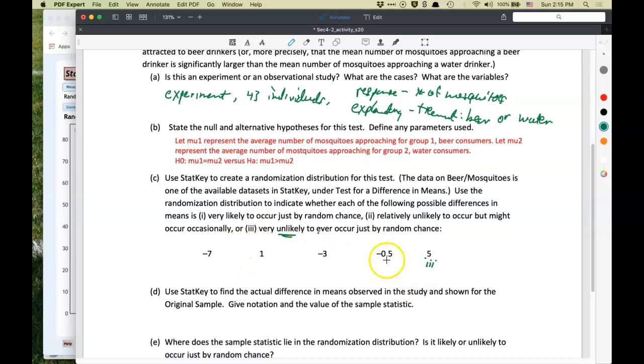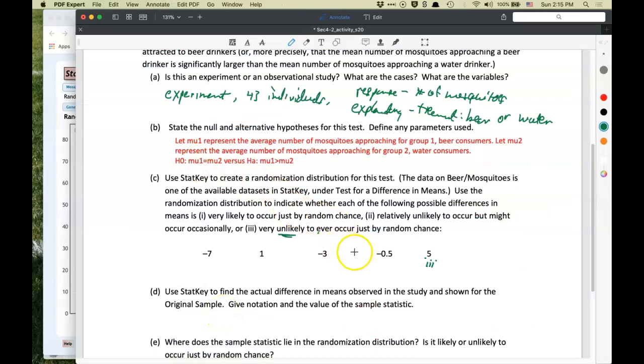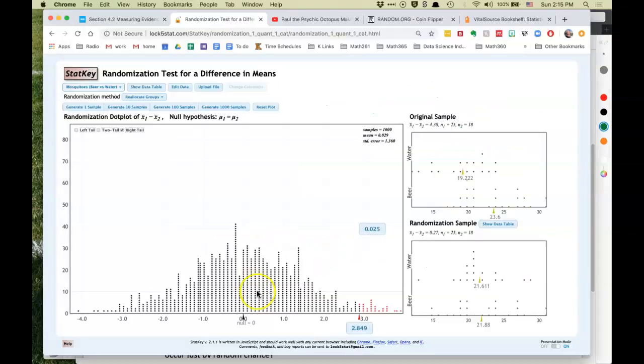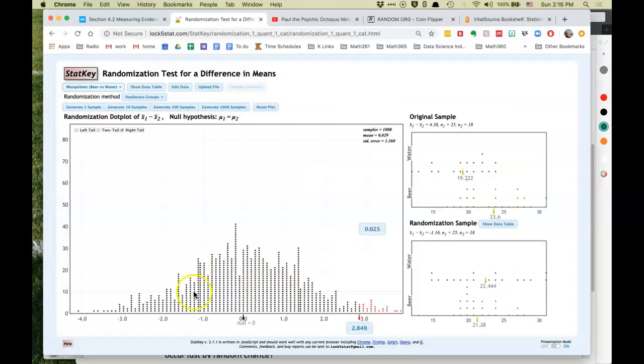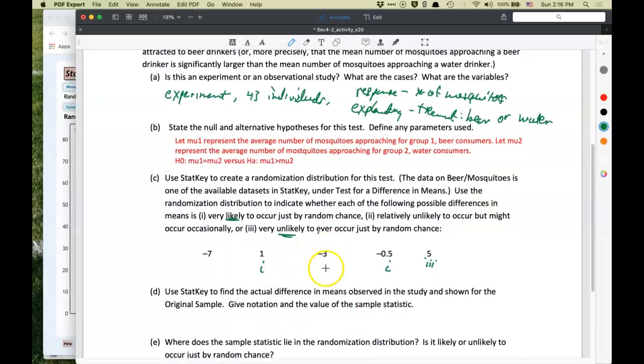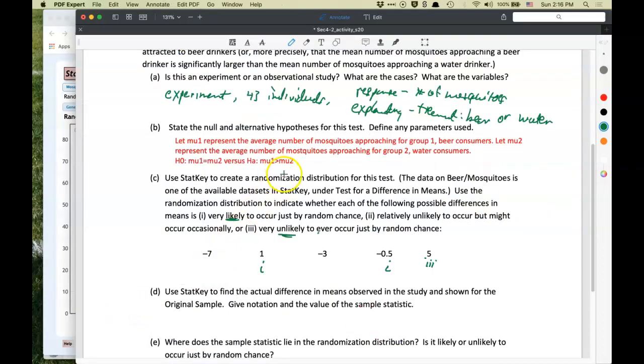In contrast, I'm looking at this negative 0.5. That's right in here. We'd certainly say that that is very likely to occur, just due to chance. How about these others, like 1? That's right here. That's also very likely to occur due to chance because it's right in the midst of most of the randomizations. How about negative 3? That's over here. That's going to be less likely, but it might occur.